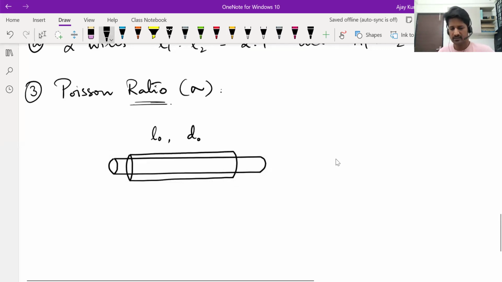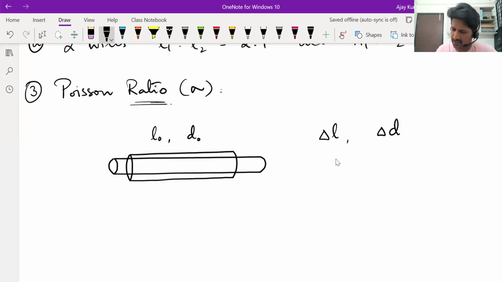So there is some change in length and there is some change in diameter as well. If delta L is positive, diameter will decrease, delta D will be negative. And if you compress it, change in length is negative, but it will bulge out. Diameter will increase. Delta D will be positive.